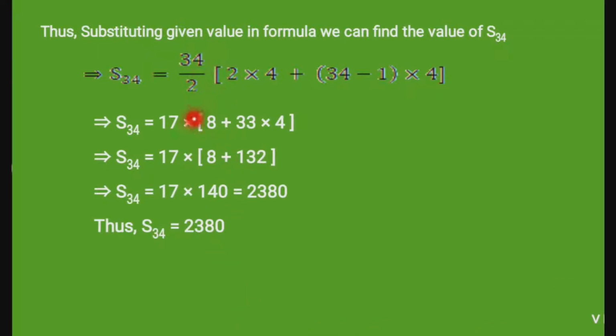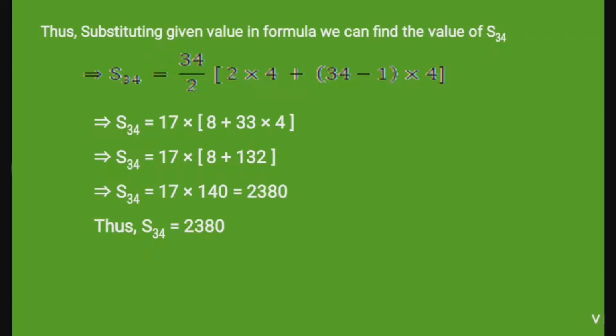When we divide 34 by 2, we get 17. 2 into 4, we get 8. 34 minus 1, we get 33, and this 4 as it is. Now 33 into 4, we get 132. So we add this 132 with this 8, we get 140. So 17 into 140, we get 2380. So we get the sum of 34 terms, S34 equals 2380.